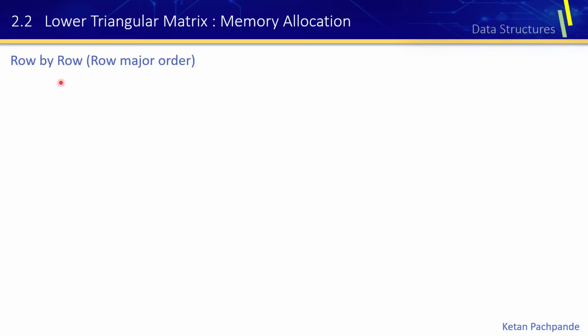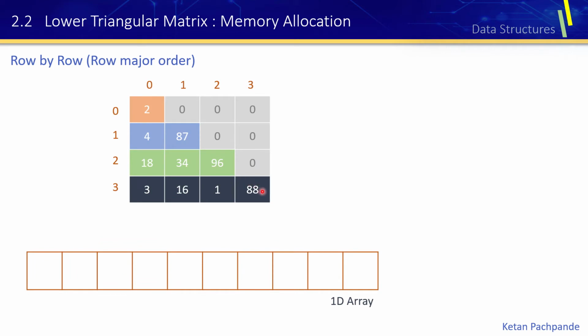Now let's look at the first method of storing these elements in the one-dimensional array. So let me take this example once again. Here, the problem is I want to store these 10 elements in a one-dimensional array. And the first method says to store these 10 elements row by row. So first, in this one-dimensional array, the elements of the first row, by index, i is equal to 0.